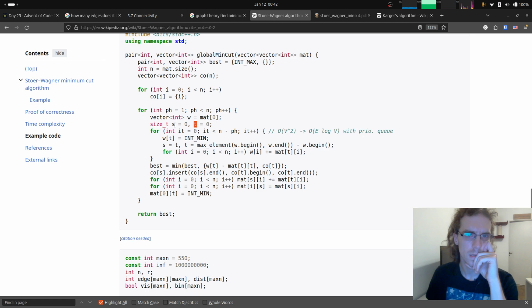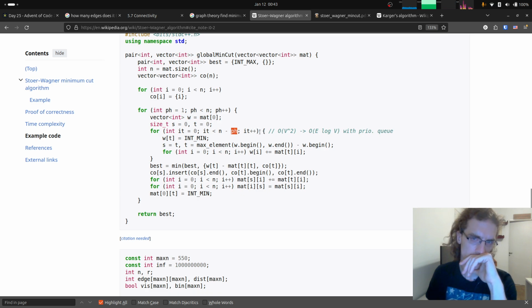S and T. It's interesting also that it uses size_t for some things and ints for others. That is very C++-ish to do. Is less than n minus ph. So we're going from ph from 1 to n, and then we are going from 0 to n minus ph.